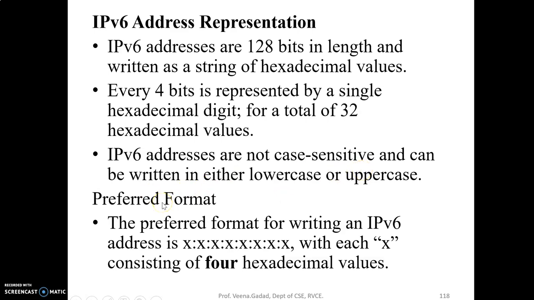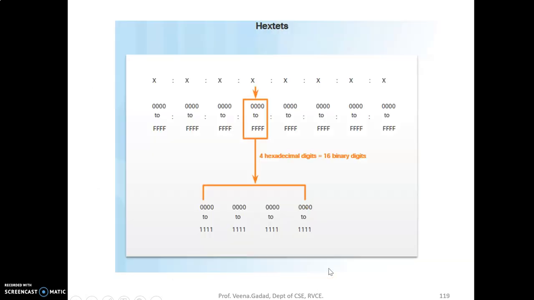So the preferred format for representing an IPv6 address is this. We make use of colons in between the hexadecimal numbers, whereas in the case of IPv4 we used a decimal dot, right? Each of these x consists of 4 hexadecimal values. We shall see with an example.